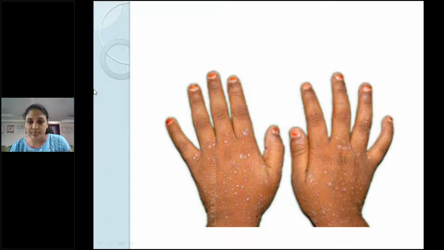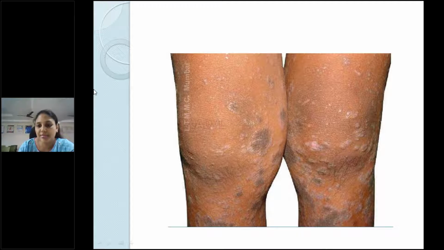So as you can see, the picture on your screens is a picture of a typical lichen planus. The lesions are a little violaceous. You can see a little violaceous tinge to them, and light scaling will be present. And they are polygonal, and here they are present in groups. Another picture, you can see typical violaceous lesions.